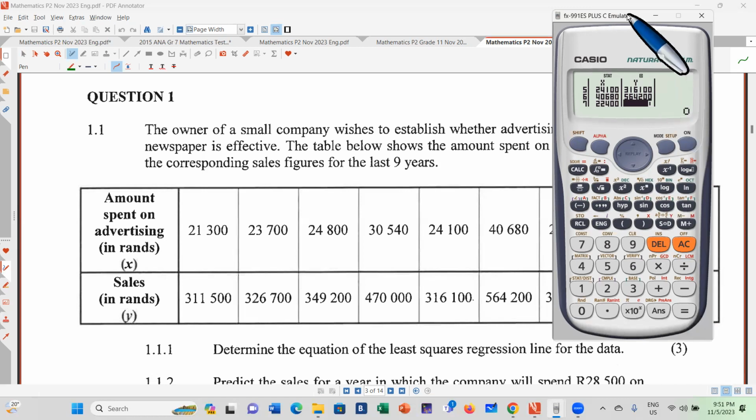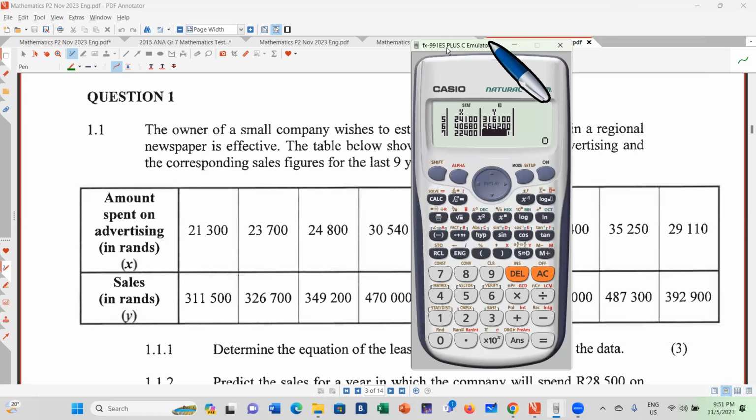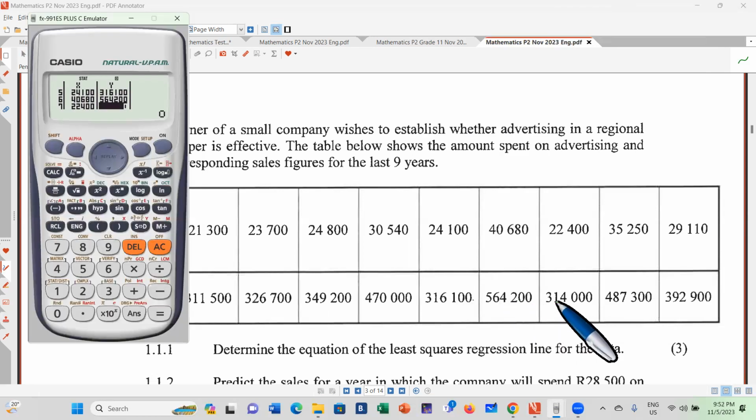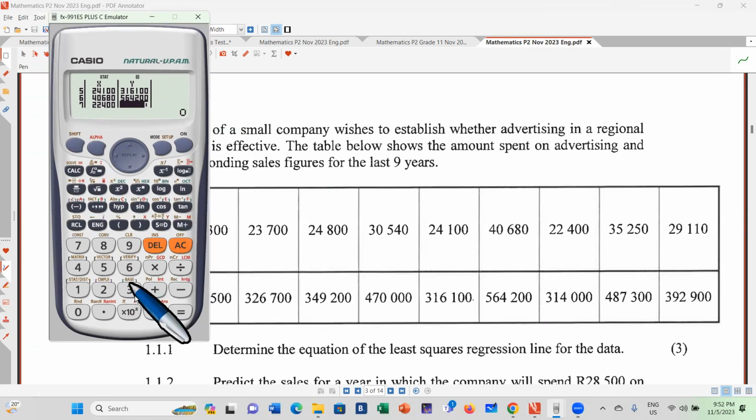Okay, so we punched in 564,200. Let me move the calculator so that I can see. After 564,200, then we have 314,000. Okay, then we have 487,300. Then we have 392,900.